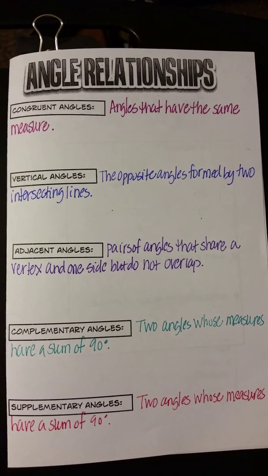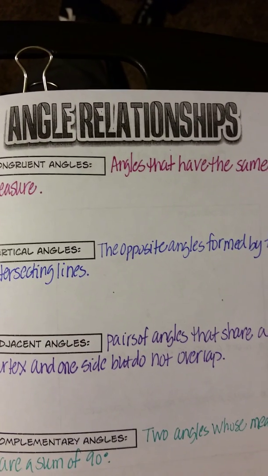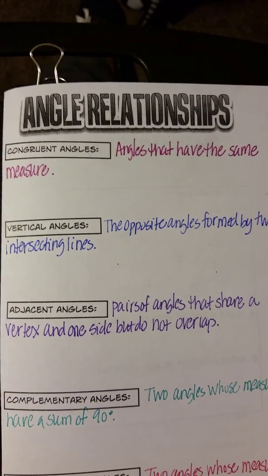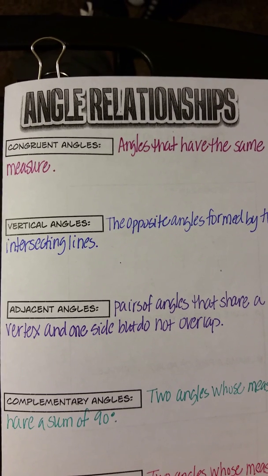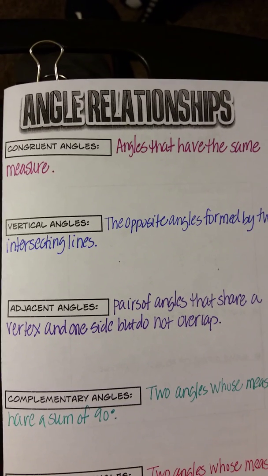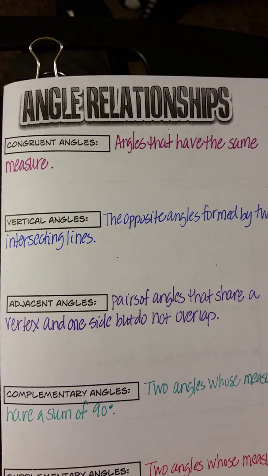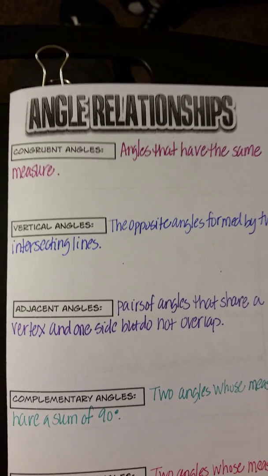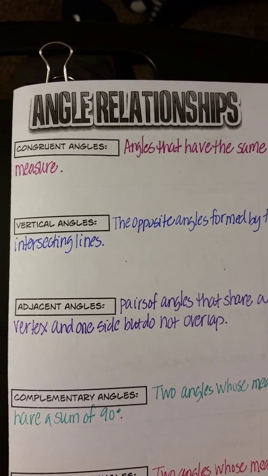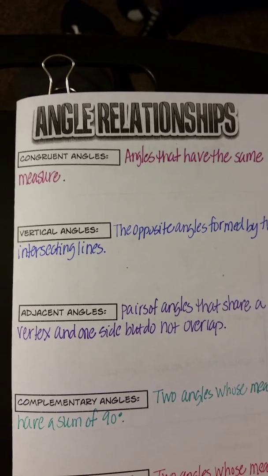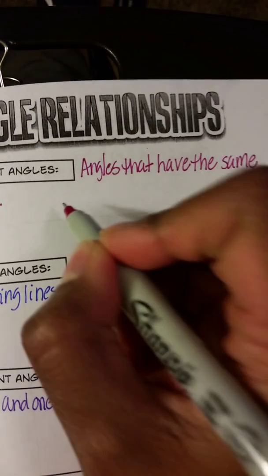Congruent angles are angles that have the same measure. And we know from our previous knowledge that congruent means equal. So these angles have equal measurements. I'm going to draw an example of two congruent angles.